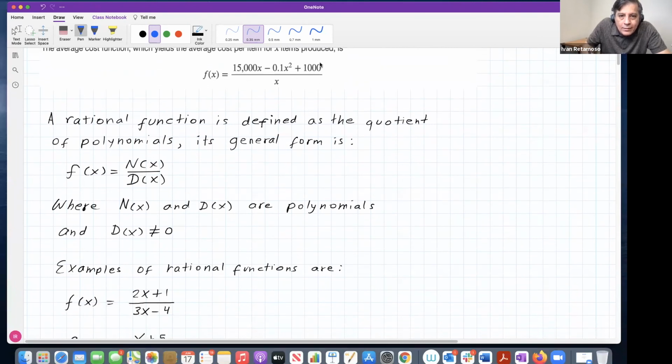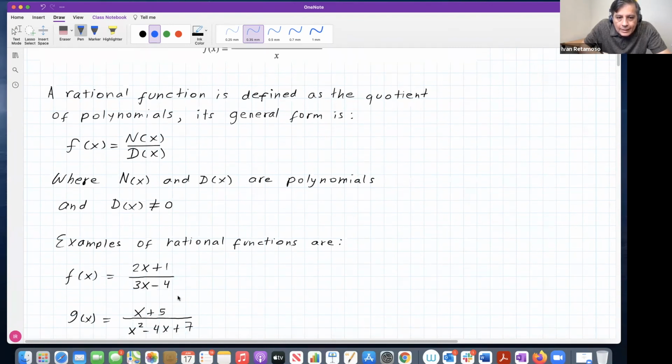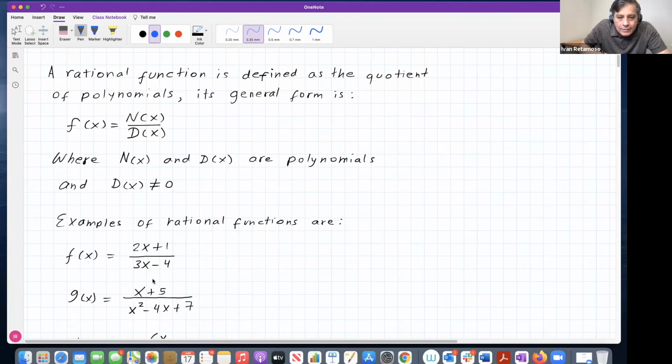So now, examples of these rational functions. This is not the only way to create a fraction out of two polynomials, right? Look, this is another, for example, f of x equal to x plus 1, a linear polynomial, degree 1, divided by this other linear polynomial, 3x minus 4. This is called a rational function. Now, the polynomials may not have the same degree.